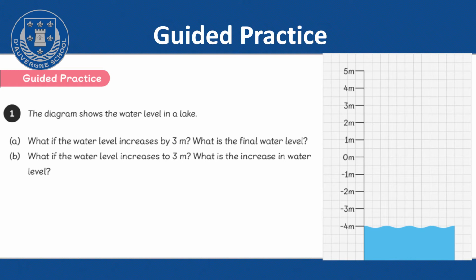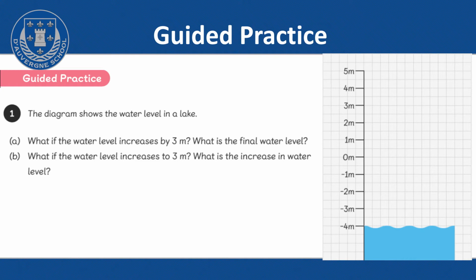So, we're going to go up 1 to -3 meters, up 2 to -2 meters, and up 3 to -1 meter. So that will be our answer to part A. If it increases from -4 meters by 3 meters, the final water level will be -1 meter. Always remember to write your unit of measurement.